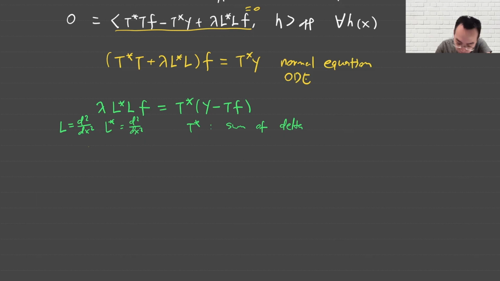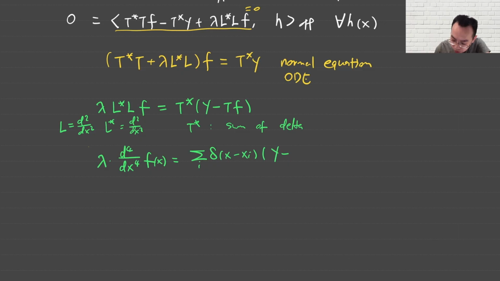So now we have lambda times, we apply the second derivative twice on the function f. That means we get a fourth derivative of f of x that equals the summation of delta function, delta(x minus xi), times y minus, so Tf is just going to give us a finite vector, right?